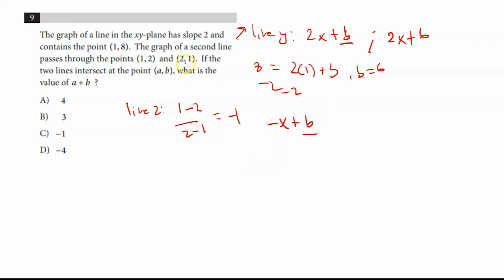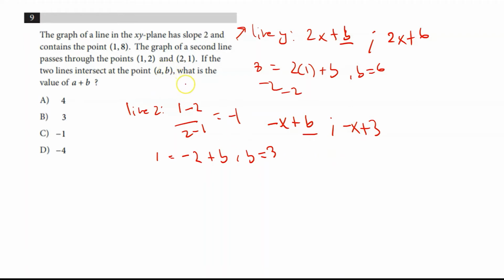And plugging in either of these points, we have that 1 equals negative 2 plus b. Solving for b, b equals 3. Thus, the second line has the equation negative x plus 3. And we want to find the intersection point for these 2 lines.